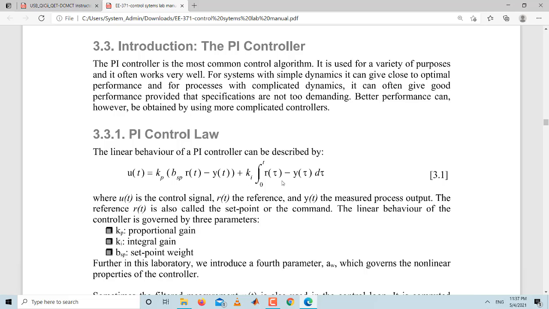Again, the difference between the two, the reference and the output, when integrated over time and multiplied by a constant of integral gain, this makes the integral part, the integrator part of your PI control law. So collectively, this is the PI controller.